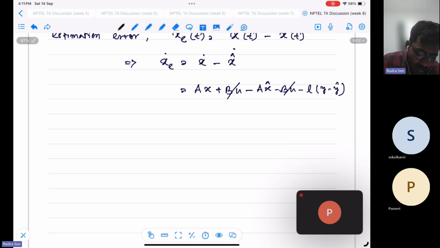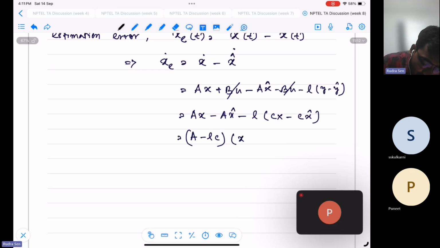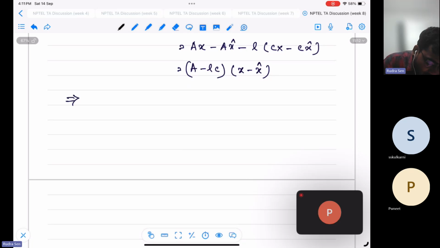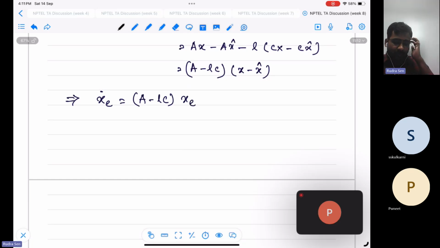So the Bu gets cancelled. We get Ax minus A x hat minus L times, converting into state format, C x minus x hat. So we get A minus LC times x minus x hat. That means xe dot equals A minus LC times xe. This is what we got, right?